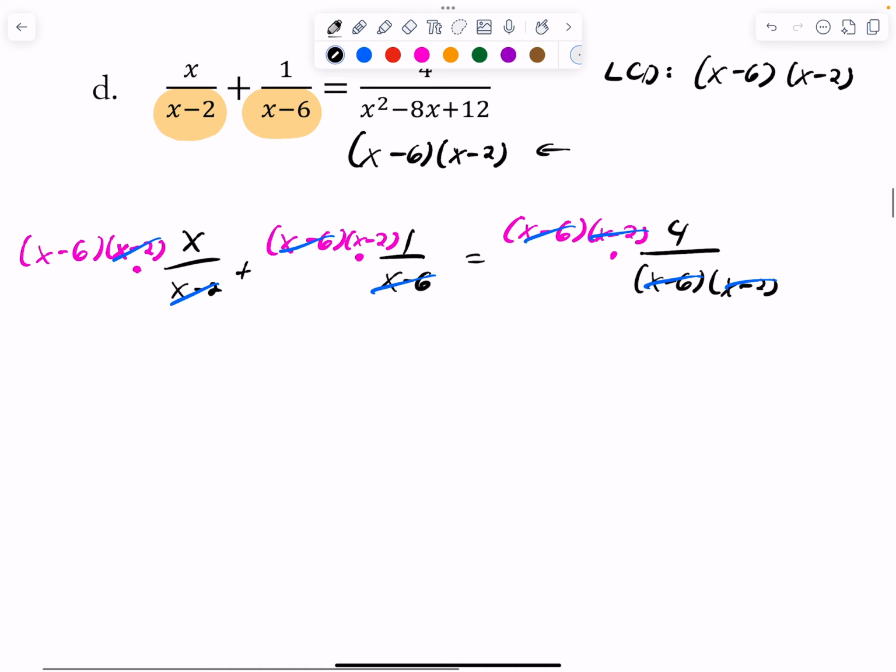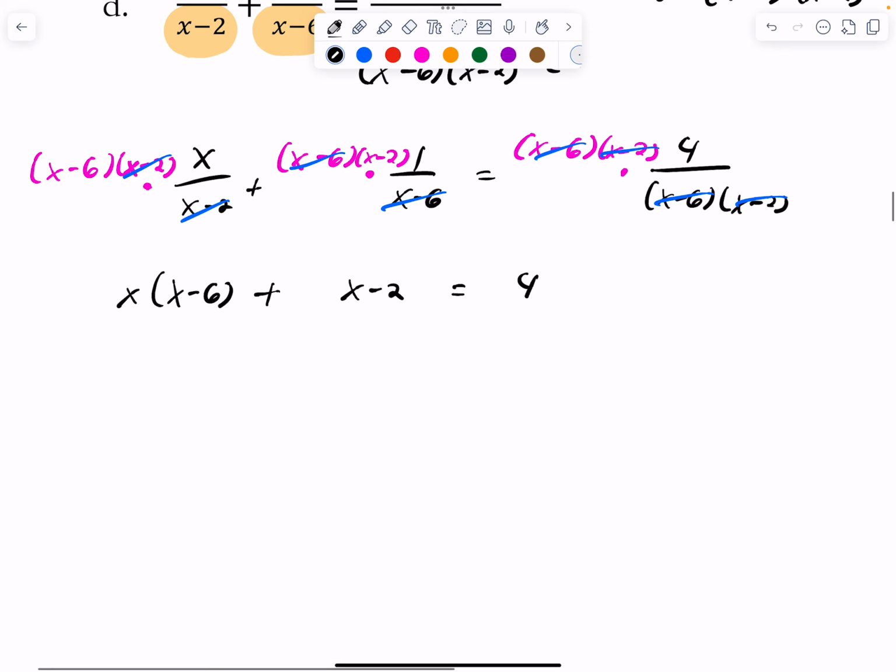All right, so I'm left with x minus 6 times x plus x minus 2 times 1 equals 4. Very similar to the last one. So x squared minus 6x plus x minus 2 equals 4. Combine like terms, x squared minus 5x minus 2 equals 4.